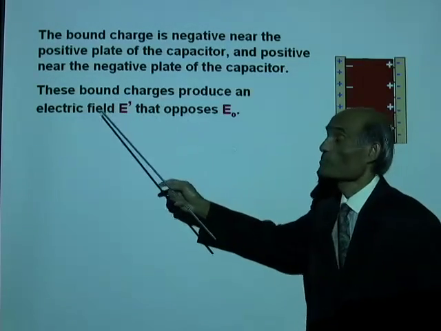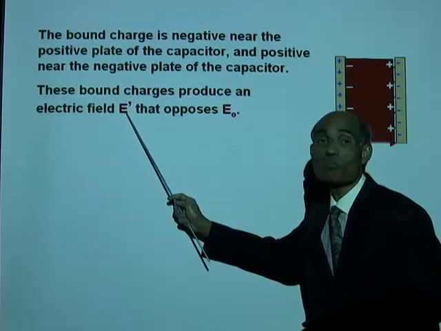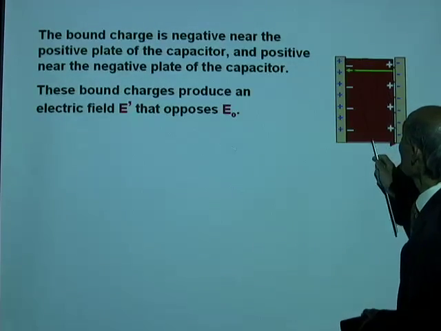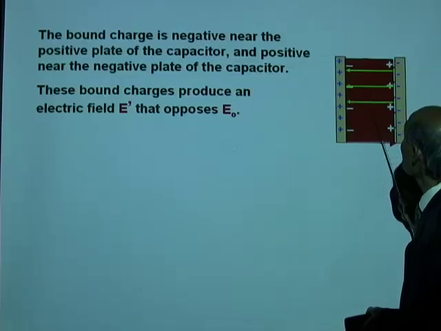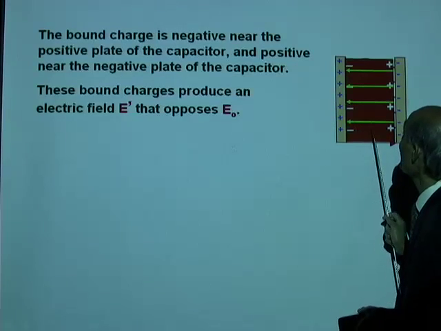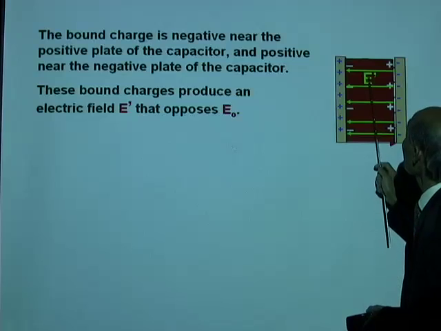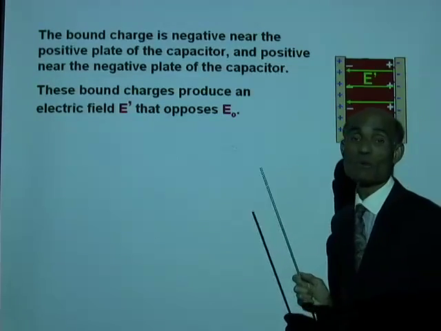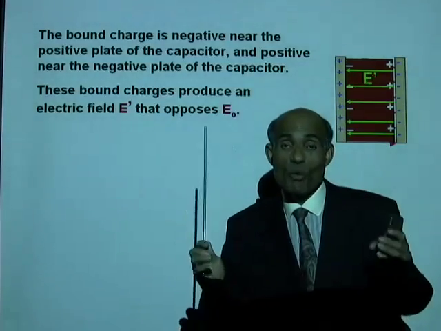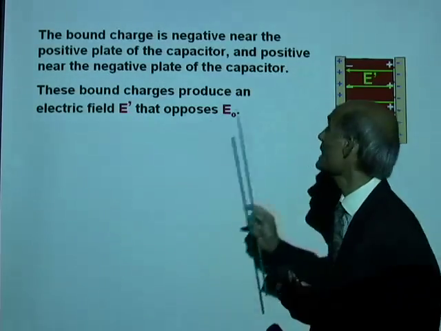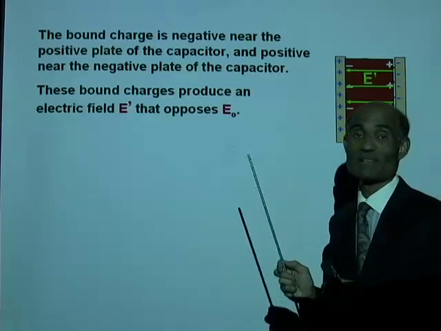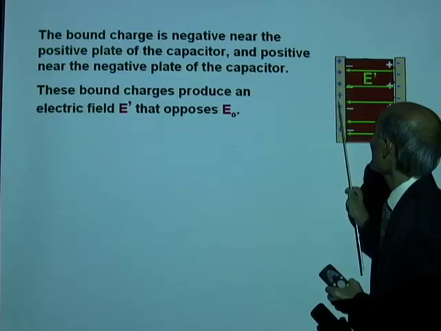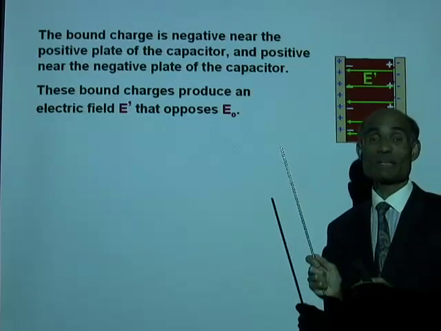These bound charges produce an electric field E' that opposes E0. Here I have represented that E' by these yellow lines. This is E', the electric field produced by the bound charges. Therefore, what is now the net field in between the capacitor plates? There is an original field E0 caused by the charges on the capacitor plates.